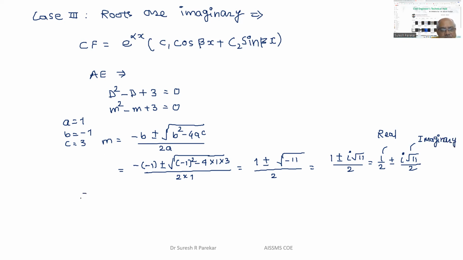So when we write the complementary function, this part is the real part and this part is the imaginary part. Therefore CF is e to the power 1 by 2 x, and in bracket C1 cos of root 11 by 2 x plus C2 sine of root 11 by 2 x, taking the imaginary part as beta.